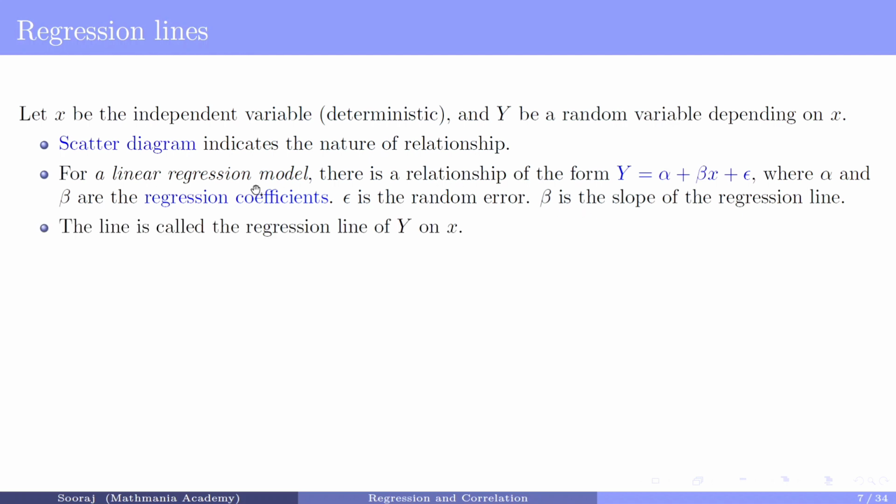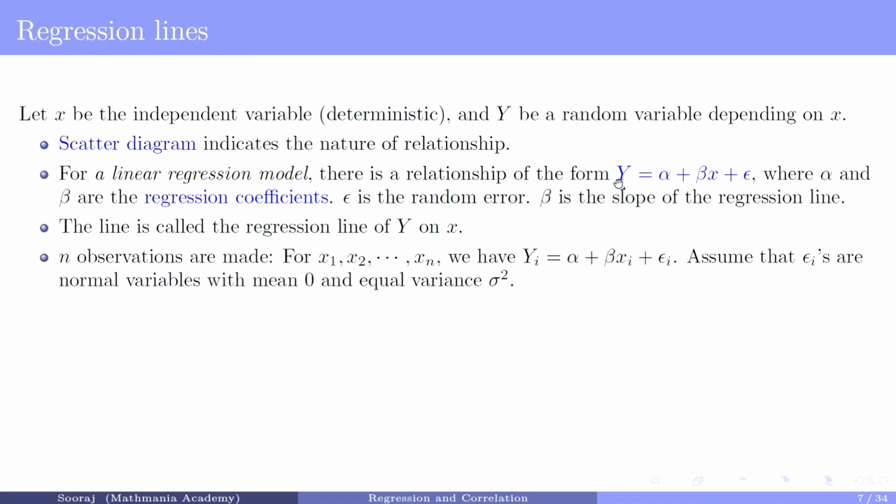So this is known as the regression line of y on x. So upon x, y is depending. For this purpose, we make n observations, and through the n observations, through the method of least squares, we have seen how to find out the line.